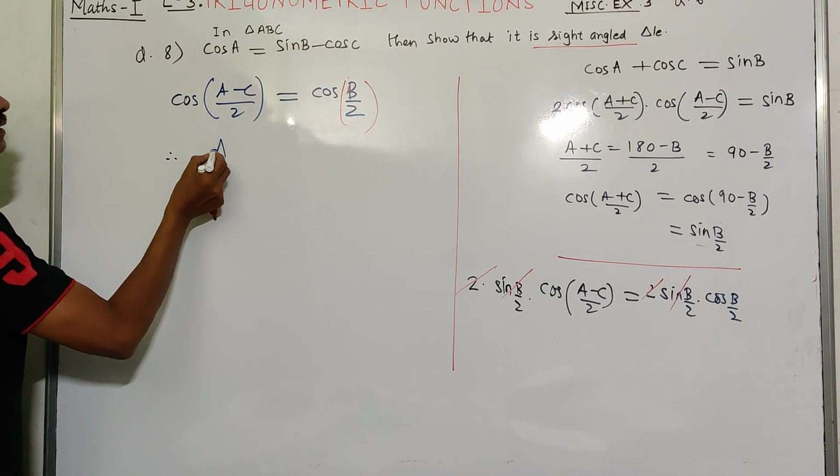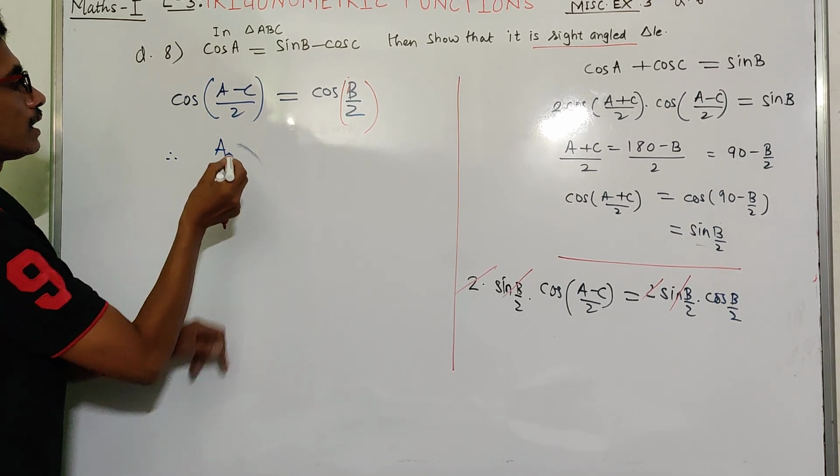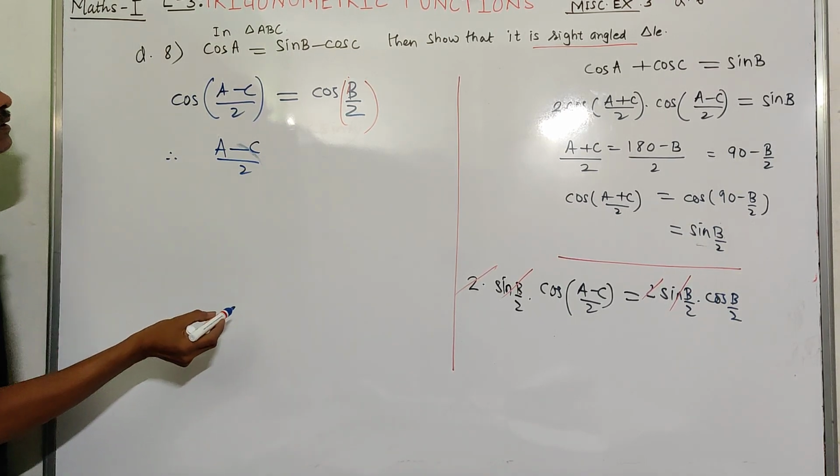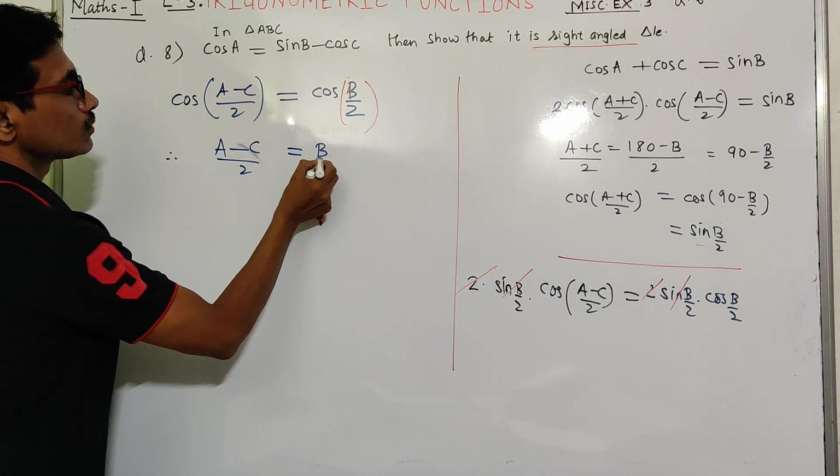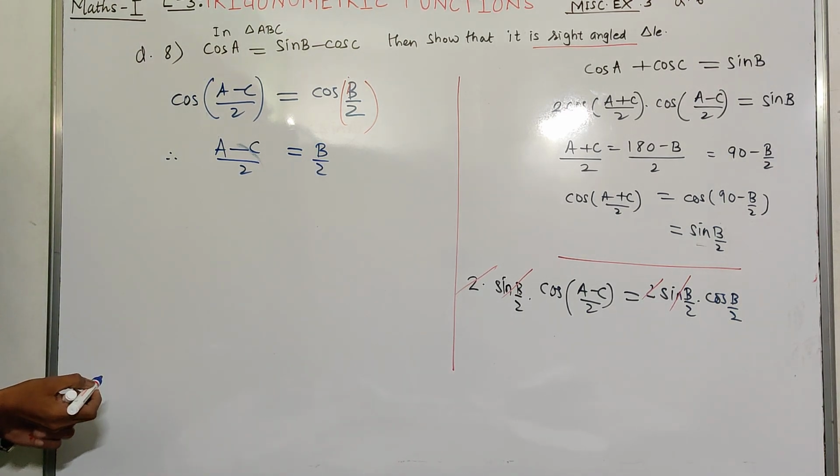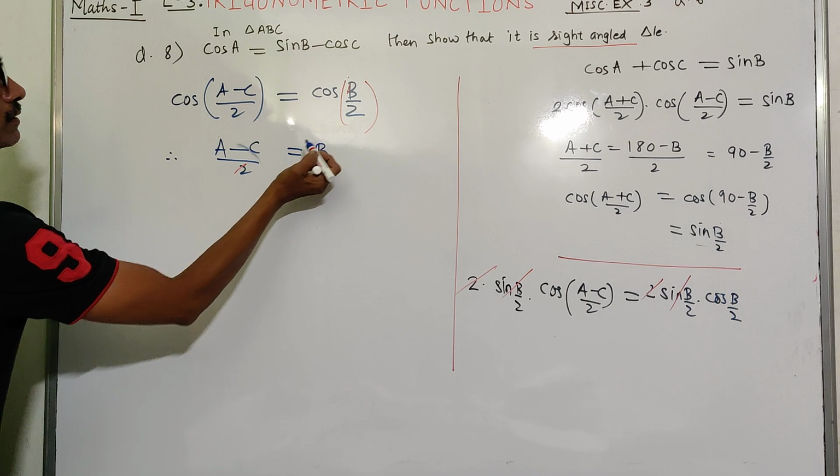So (A minus C) upon 2 is equal to B upon 2. This 2 is getting cancelled.